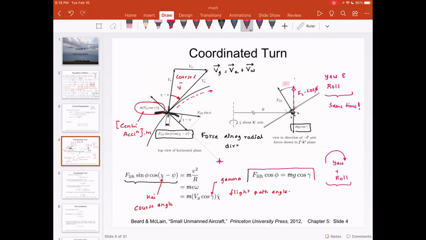So this equation is important, and this equation is also important. These two equations will be used when we simulate or when we simplify the equations. And this condition is called a coordinated turn.